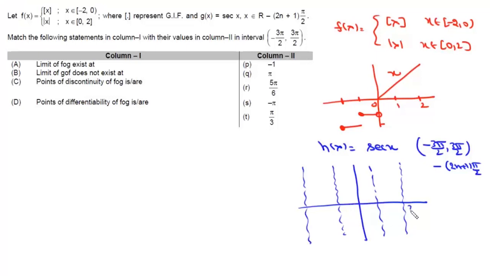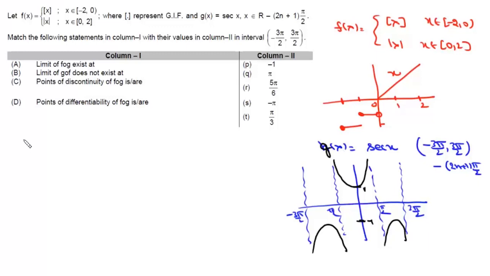So this is 3 pi by 2, minus 3 pi by 2, minus pi by 2 and pi by 2. Now this is 1. So we have minus 1 and plus 1. And that's actually g(x), not h(x).